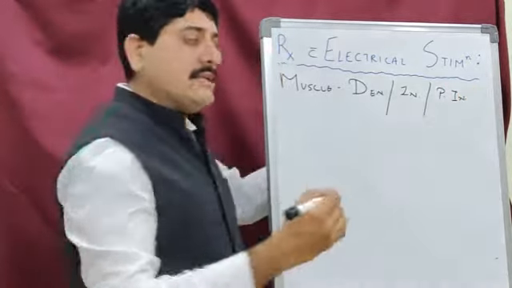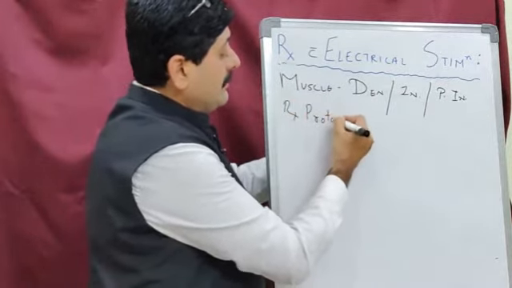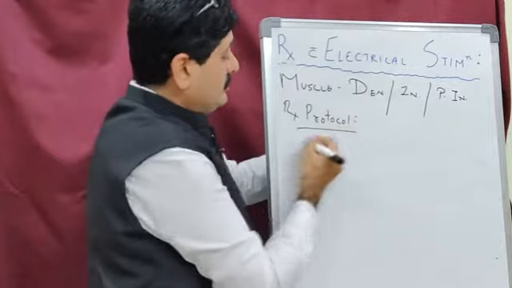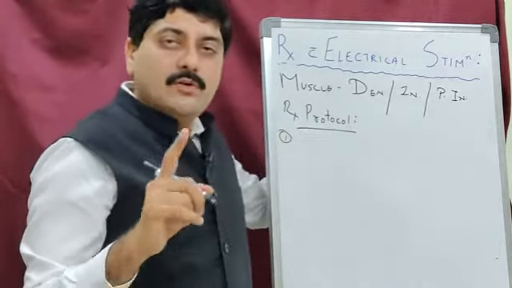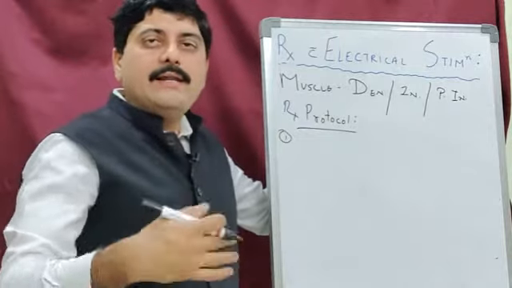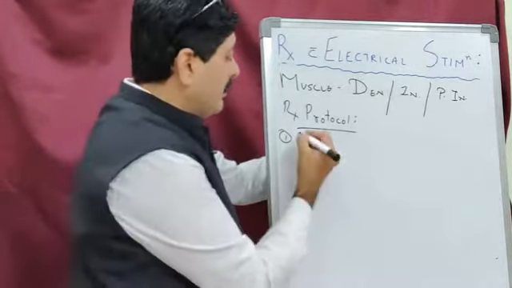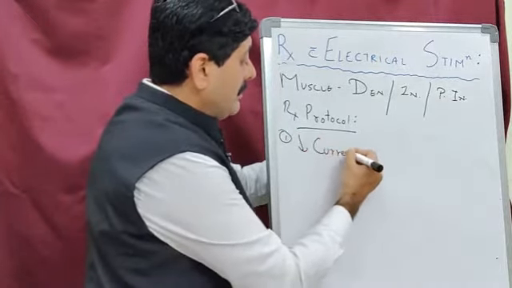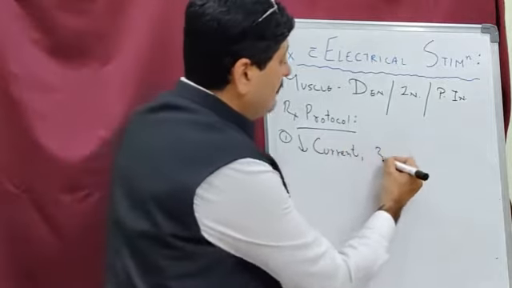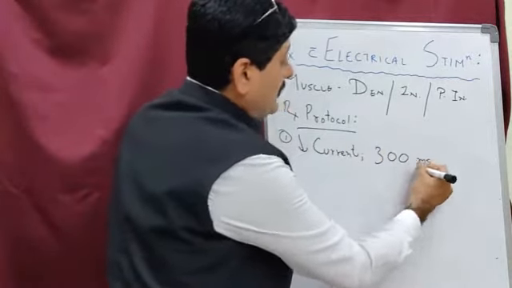So now we are going to start with the treatment protocol, right? Because we have to maintain the properties of muscle first while the degeneration is going on. So the first thing we are going to do is we are going to use the minimum current. So we will start with the longest duration, right?